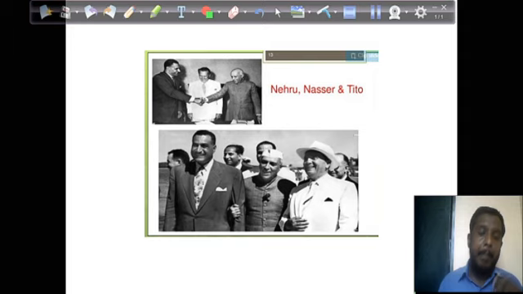But many people try to argue that the role of the non-alignment movement became unimportant or less important after the collapse of USSR or after the end of the Cold War.